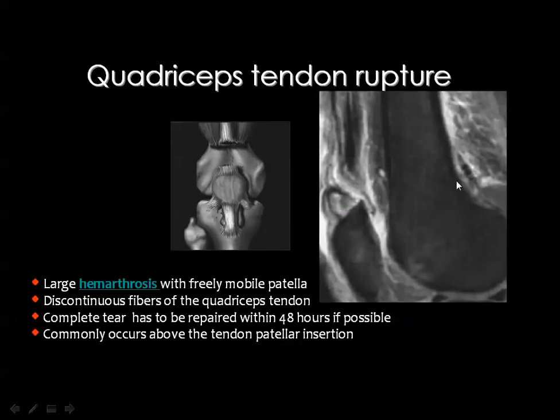Another example of quadriceps tendon rupture, at its usual site, which is the attachment to the upper pole of the patella. Of course, if it is post-traumatic, the rupture will lead to a significant amount of blood within the joint, and the patella will be more freely mobile compared to when the tendon is intact.